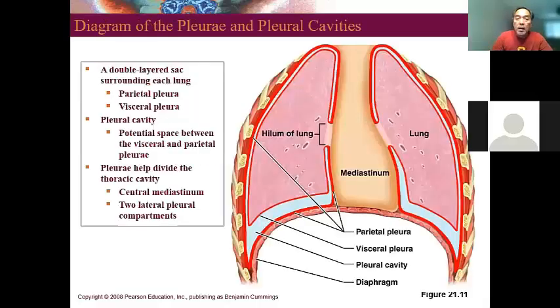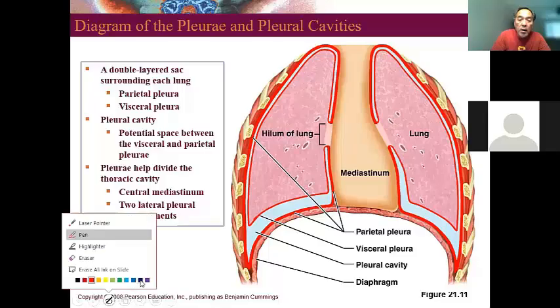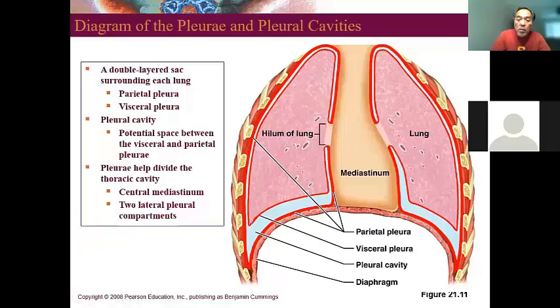Okay. Now let's talk about the pleura. The pleura is the area where the lung is located, on the bilateral side. Now, the membrane that covers the pleura is made out of two membranes. The membrane that covers the organ itself is called the visceral pleura.